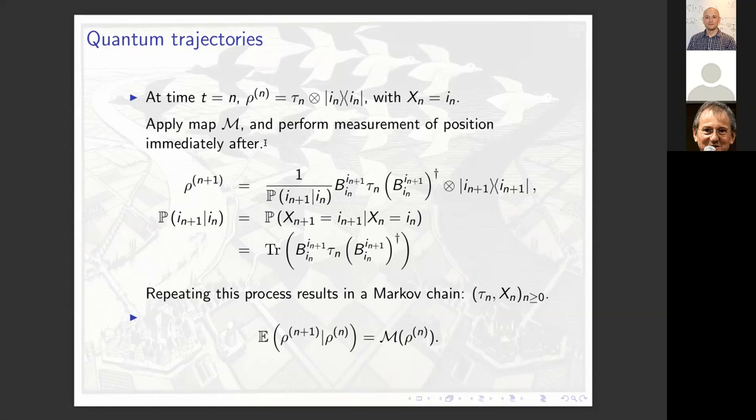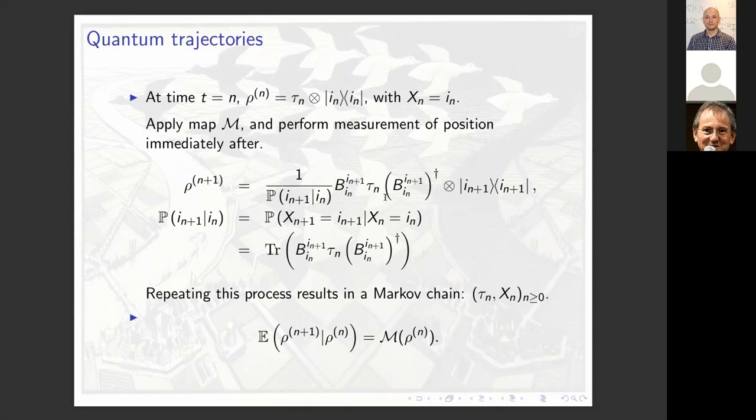Now, what happens is you apply the map M, the CPTP map, once to your state rho n, and then immediately afterwards, you perform a measurement of the position. Then the state jumps to a new state. So at time n+1, after the application of M and after the measurement, the state ends up looking like this.